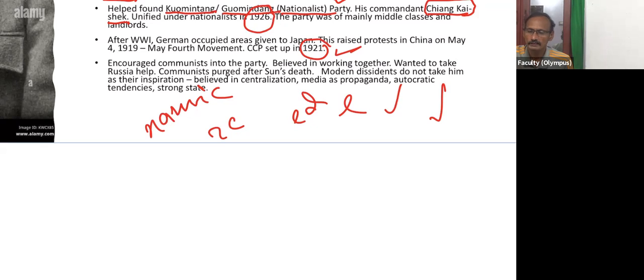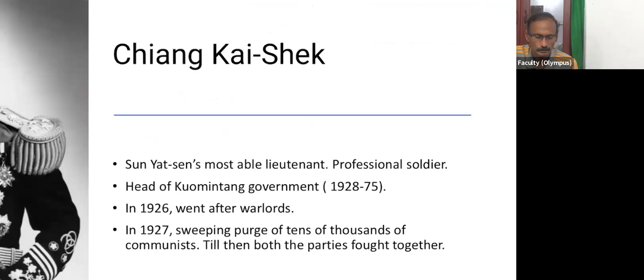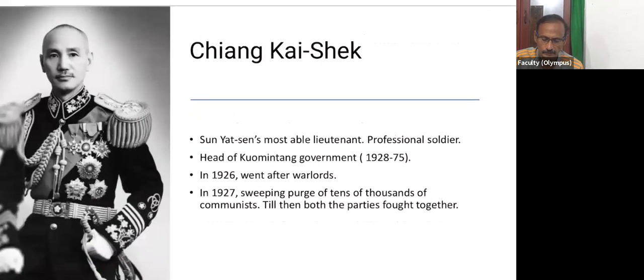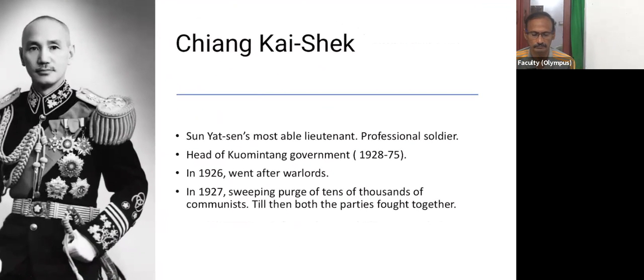And in fact, communists played a role in the unification. But once Chiang Kai-shek got the power, he was the head of the Kuomintang government from 1928.